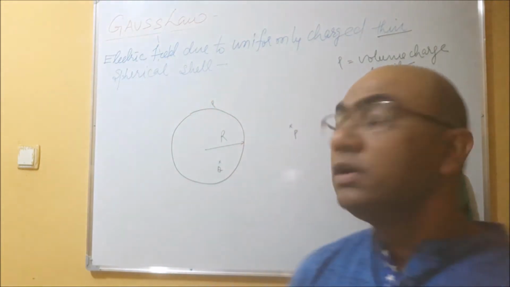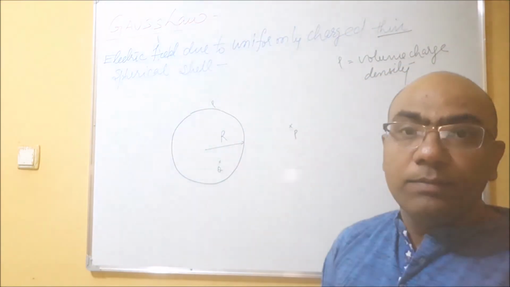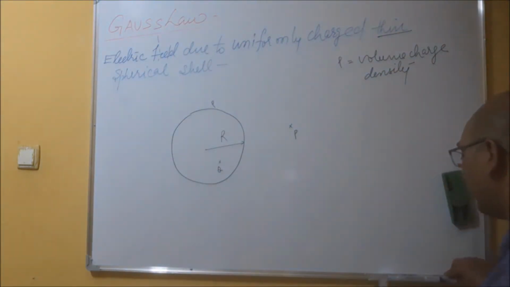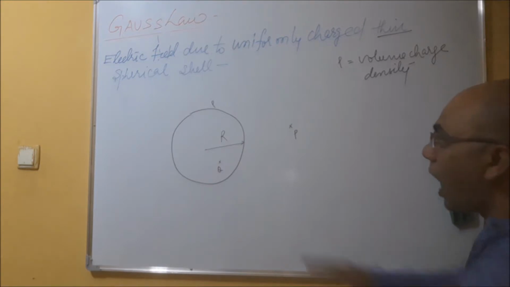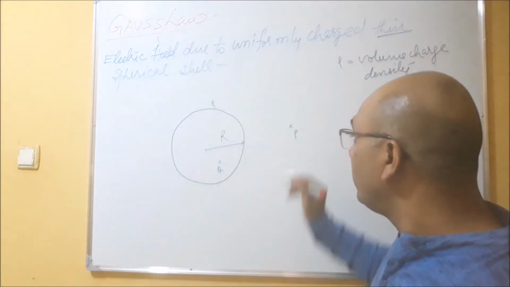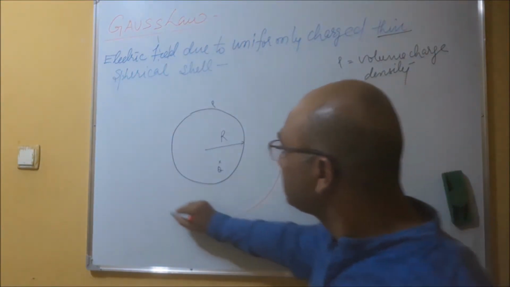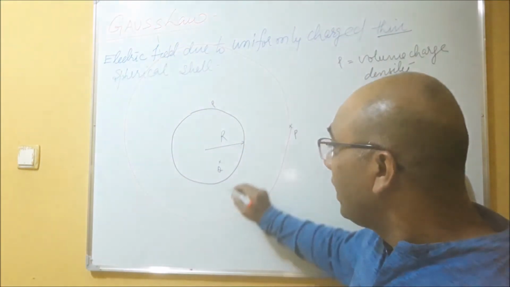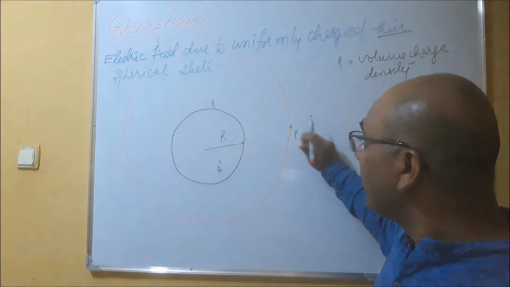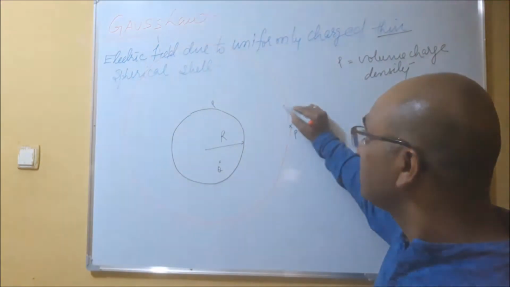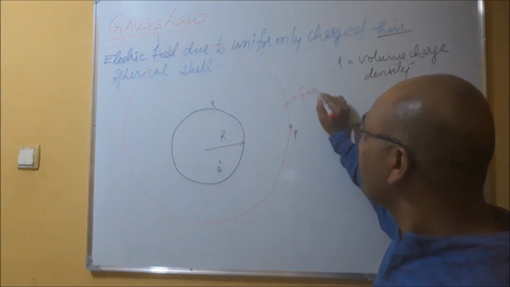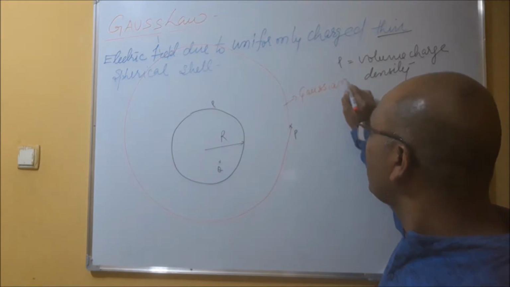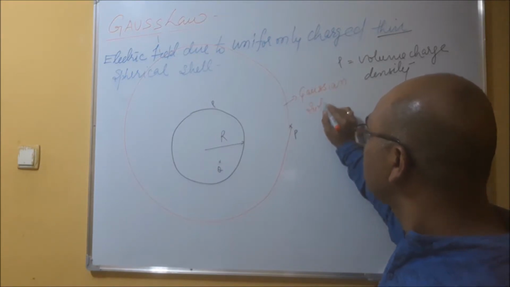First we go for point P. You see this point P lies outside of this shell. So if I draw a Gaussian surface like this, this is my Gaussian surface.